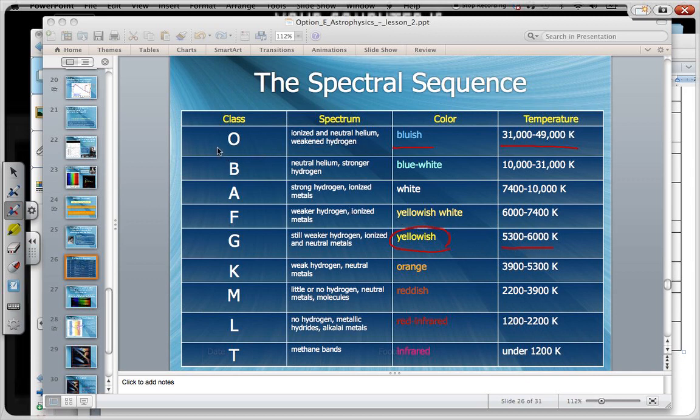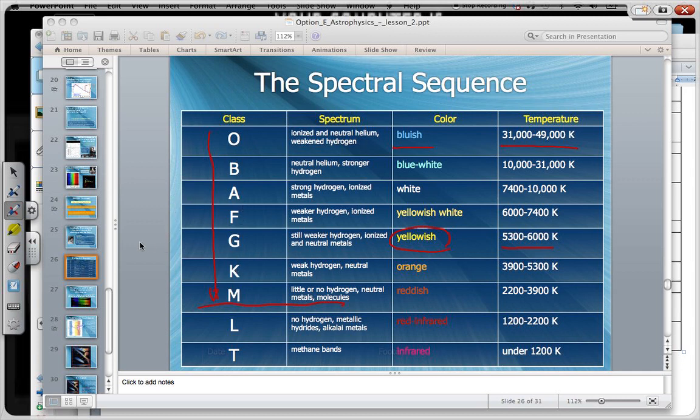So astronomers have decided to label these according to letters. So we get O, B, A, F, G, K, M, and then L, T. We don't really use those all that much. Up to here is the ones that we use quite a lot. And so according to their color, they have labeled different stars.